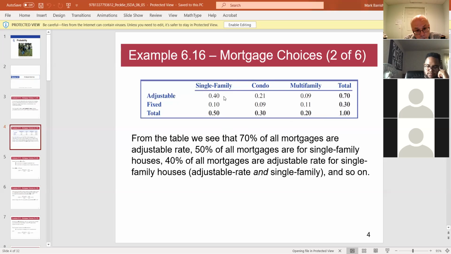So instead of the 0.4 here, you would actually see the actual number of people. And then this 1 down here would be replaced with the total number of people for this entire study. All right. So this is the type of table that you might see.